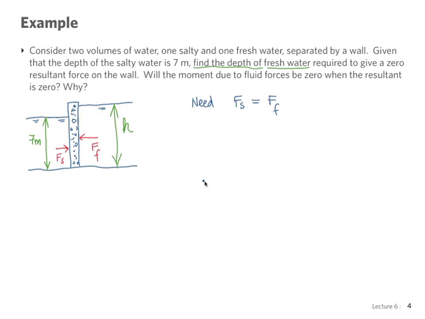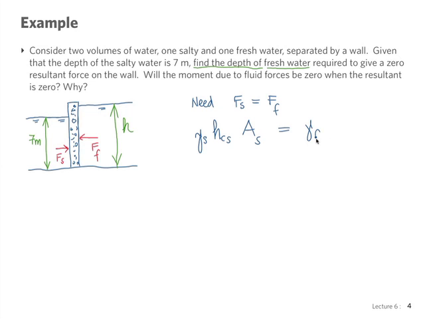And so I can use my shortcut number 1, and the resultant force is equal to the pressure at the centroid times the area, so gamma of the salty side, times the depth of the centroid on the salty side, that's the pressure at the centroid, multiplied by the area on the salty side.